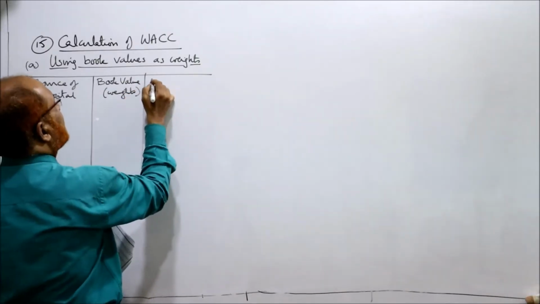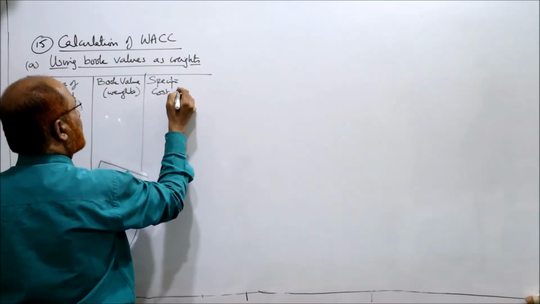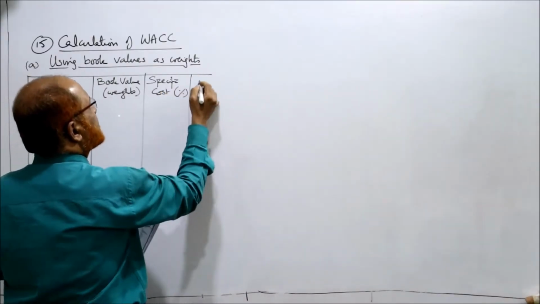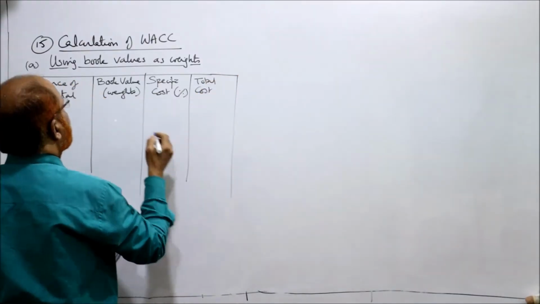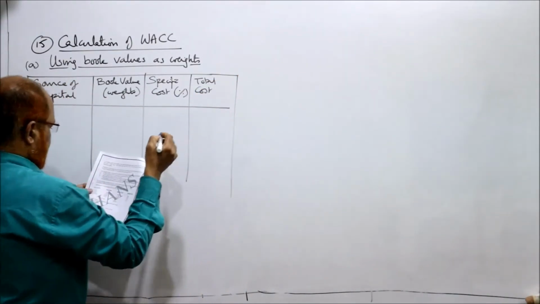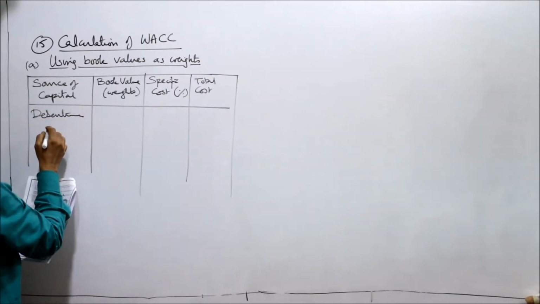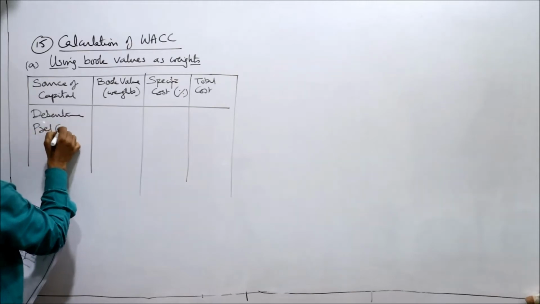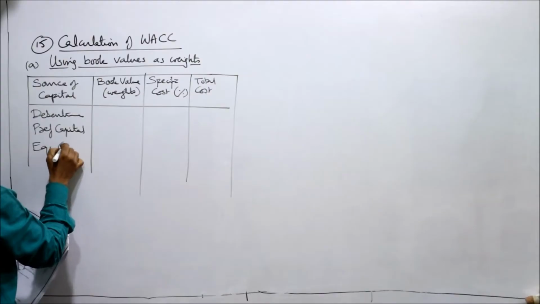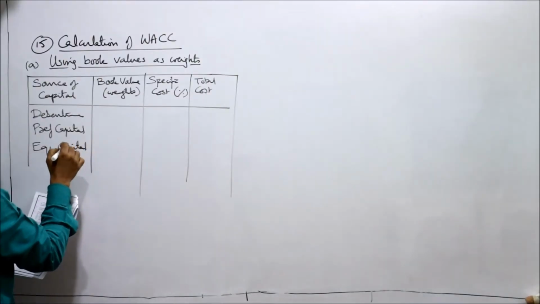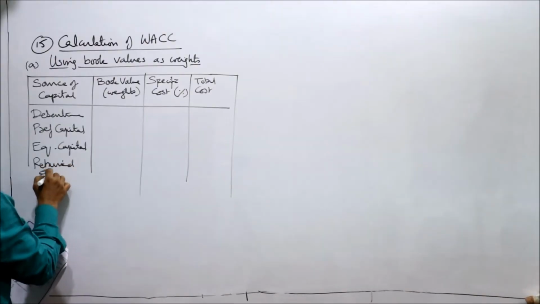Then we have specific cost. Last we have total cost. First, debentures. Then we have preference capital. Next we have equity capital. Last one we have retained earnings.